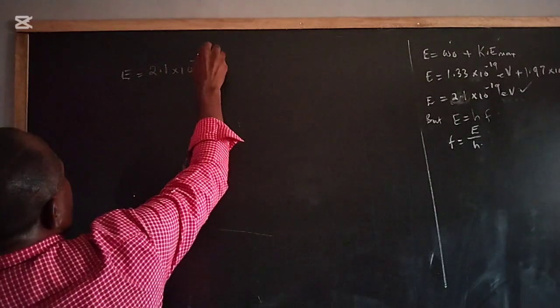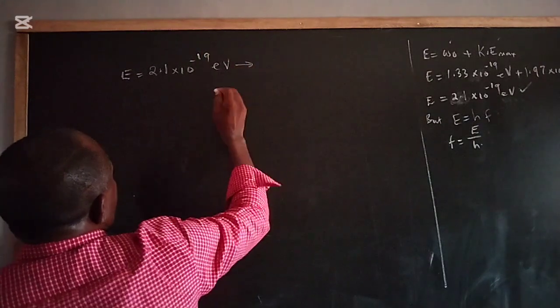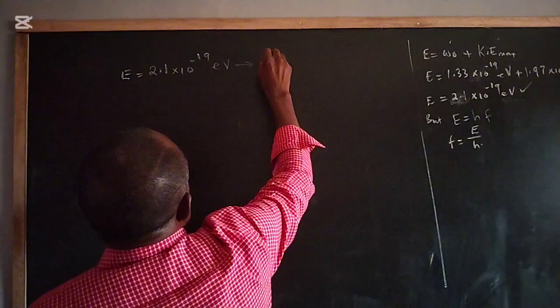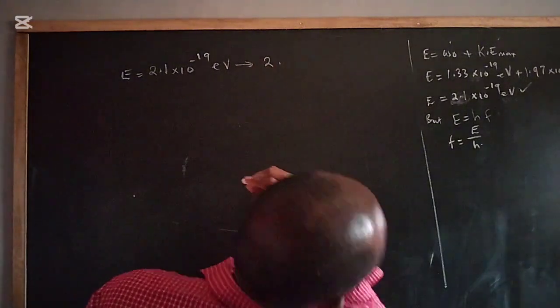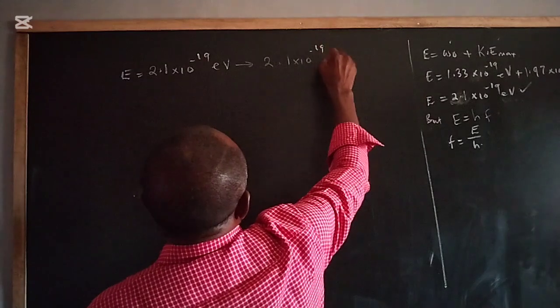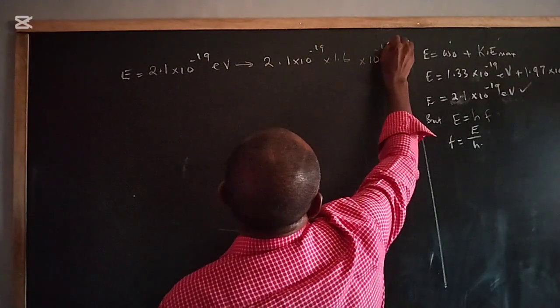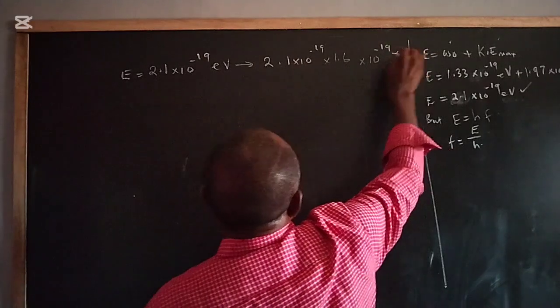So the energy we calculated was 2.1 times 10 raised to the power minus 19 electron volts. Converting it to joules, we will have 2.1 times 10 raised to the power minus 19 times 1.6 times 10 raised to the power minus 19, now in joules.